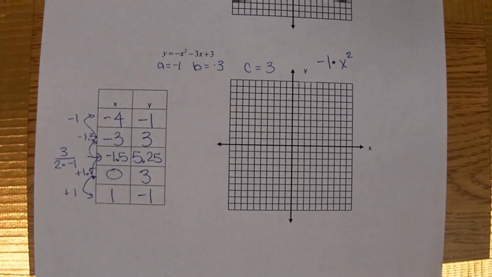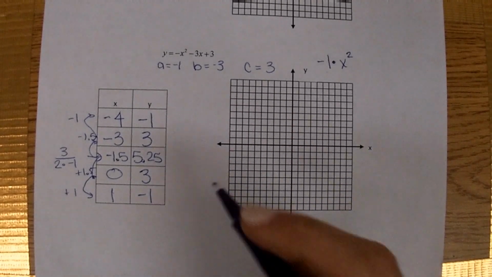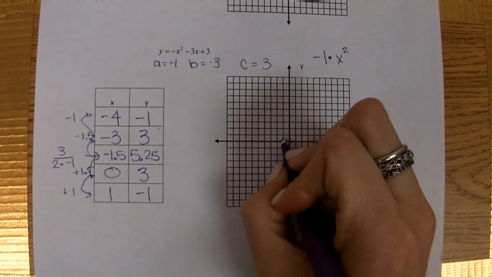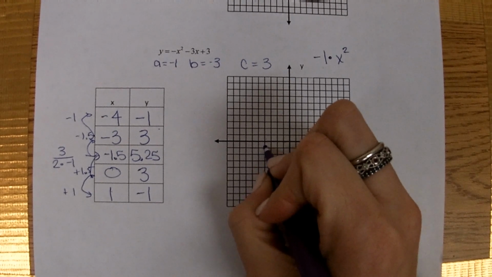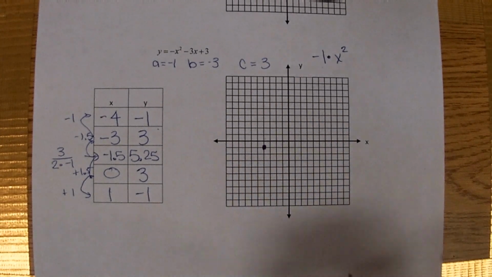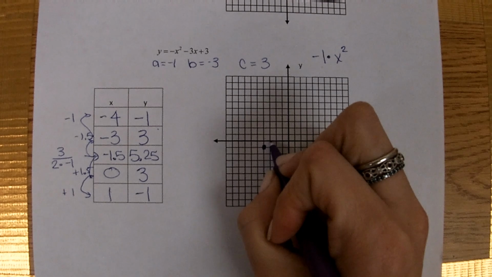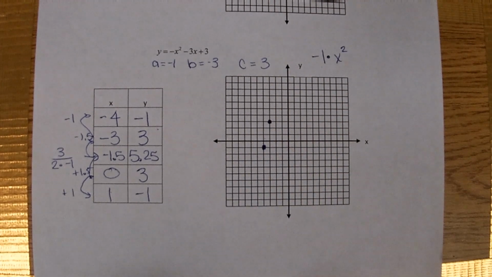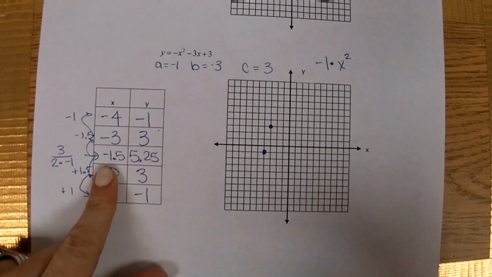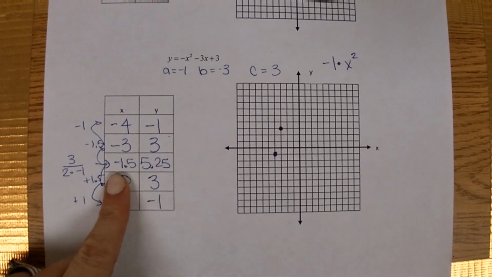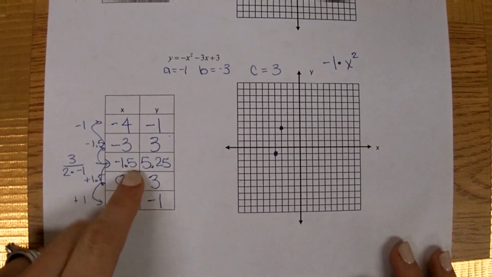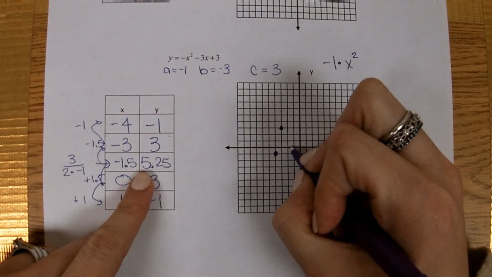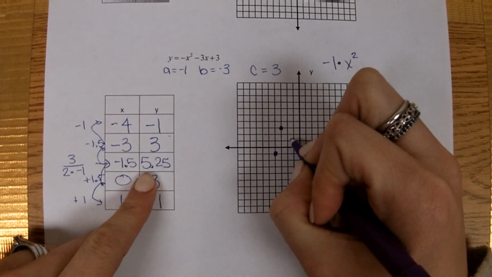So now I can start graphing. Okay, so I'm going to plot the point -4, -1, -3, +3. Here, we just have to approximate. It's a realistic thing that happens with quadratics. We can't avoid it. So -1.5, comma 5.25.